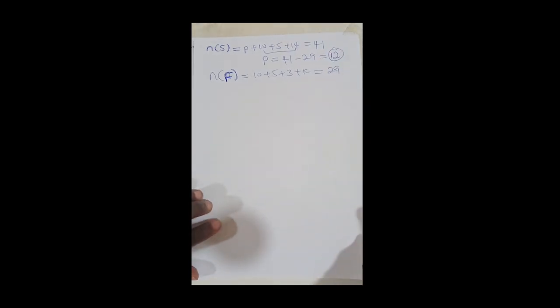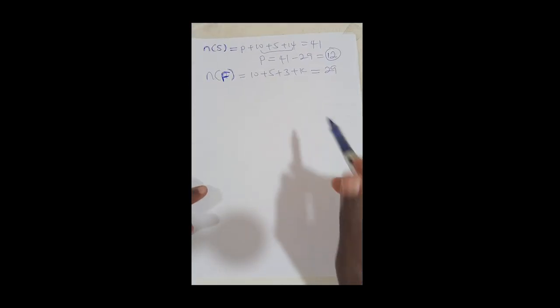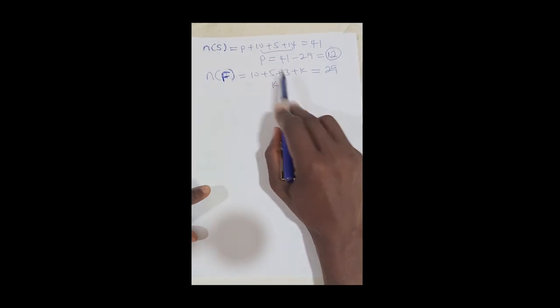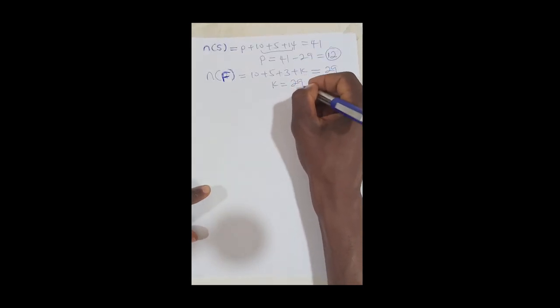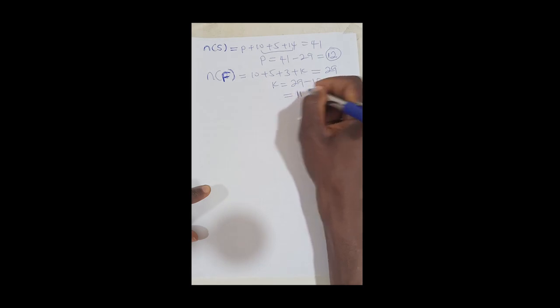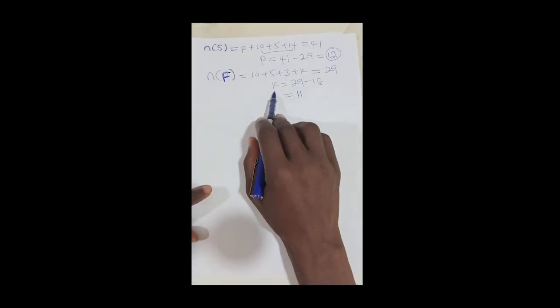The total of this circle is 29. So add the whole of the circle together and make K the subject. 10 plus 5 plus 3 is 18. That's 29 minus 18. So French only is 11.